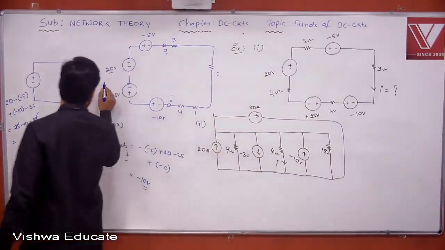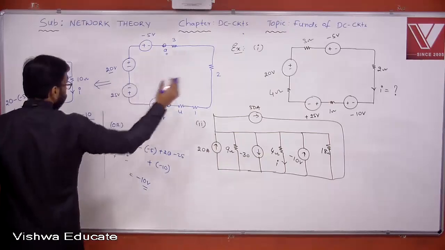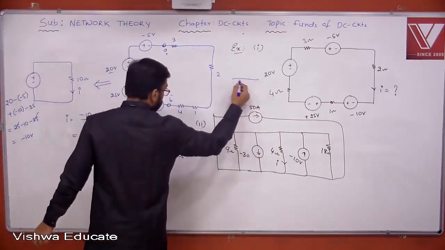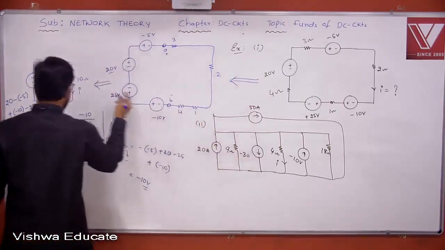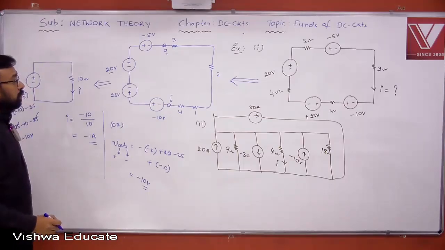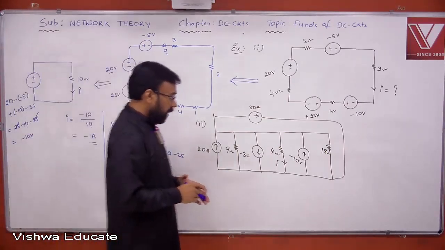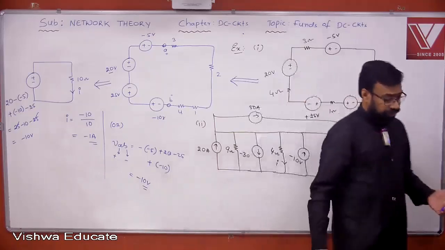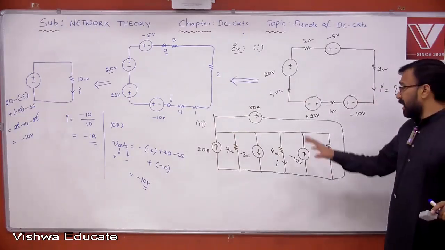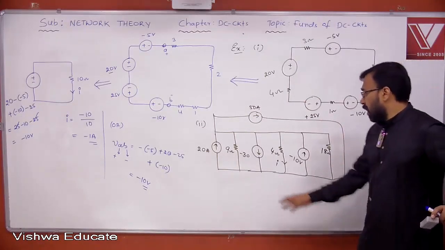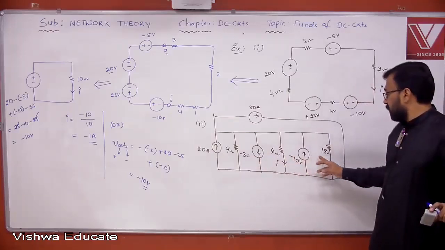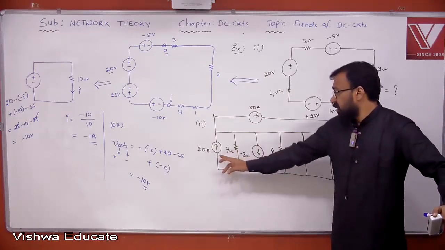Okay, from this we're going like this. Let's go with this particular problem now. See, there are four sources, and we should also understand how they are connected. All these elements are connected here in parallel.